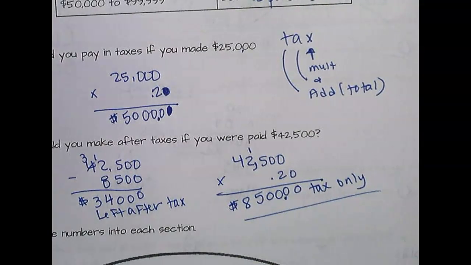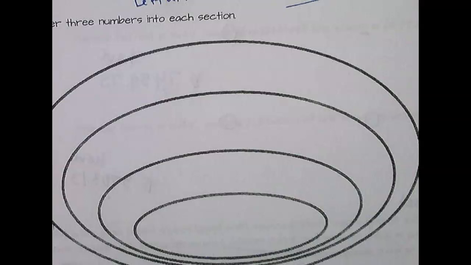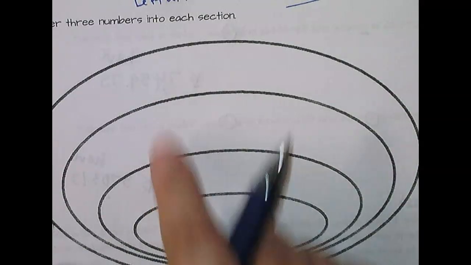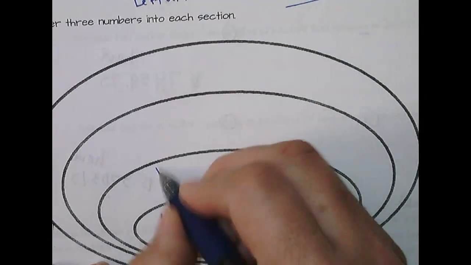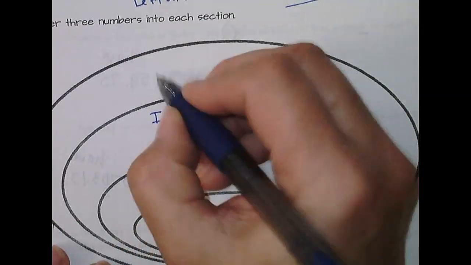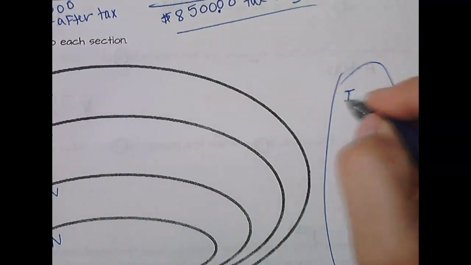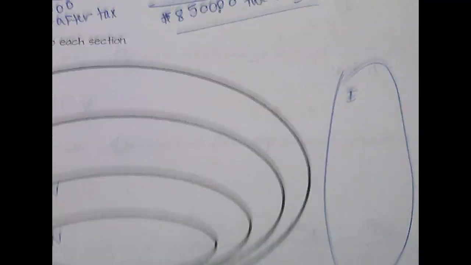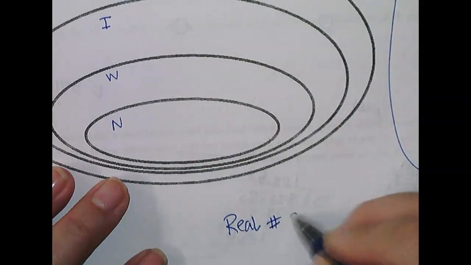Next one, question 7. Enter 3 numbers into each section. Now we actually just worked on the labeling. Wouldn't that be never write in red ink? Never write in red. Draw me another one. Ink. Really. And I'm going to come down here and put really, as in the real number system.